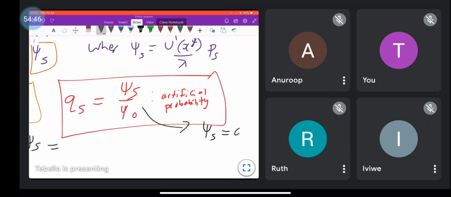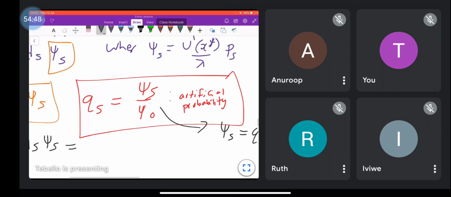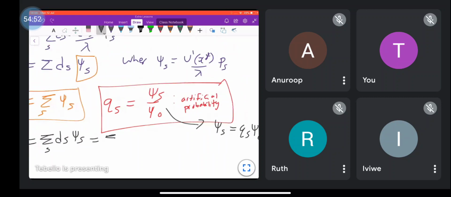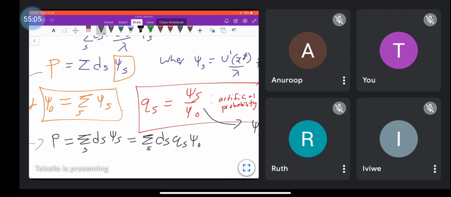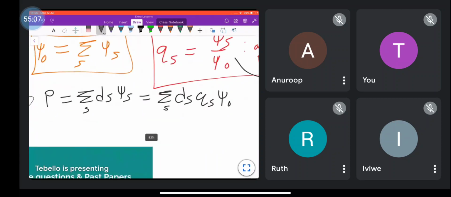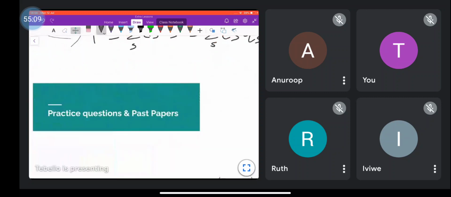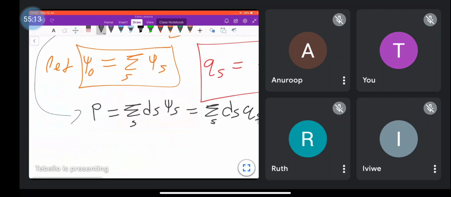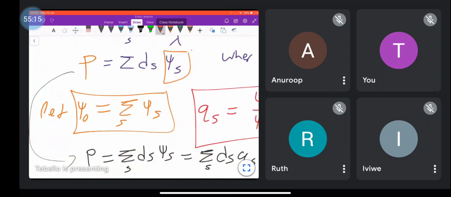We have simplified it. So you can write prices as the sum of the payout times psi s, where psi s is equal to Qs times psi 0, for all the states. So this is a new way of expressing your prices. This can also be a proof. They can ask you to move from here to here.